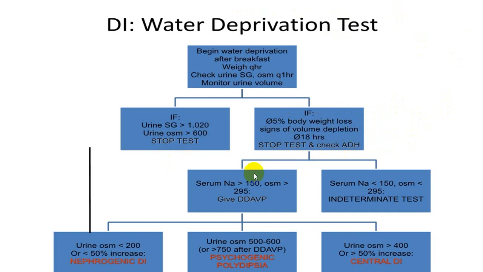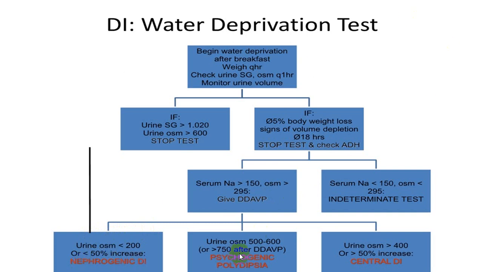Now, give desmopressin. If urine output decreases, urine specific gravity increases, and urine osmolality increases, it is straightforward in favor of what we call central diabetes insipidus. But if urine osmolality remains low, with no increase in urine specific gravity or osmolality, it is in favor of nephrogenic diabetes insipidus.